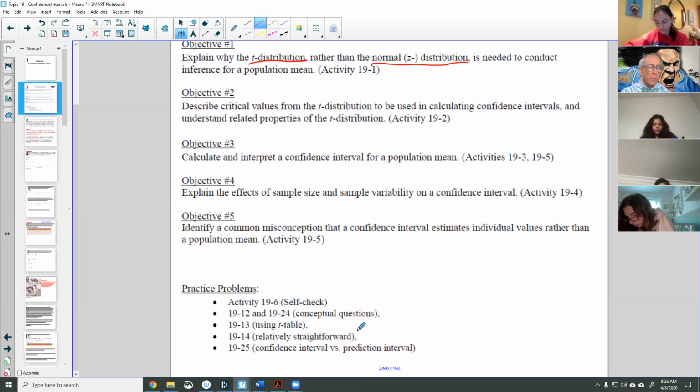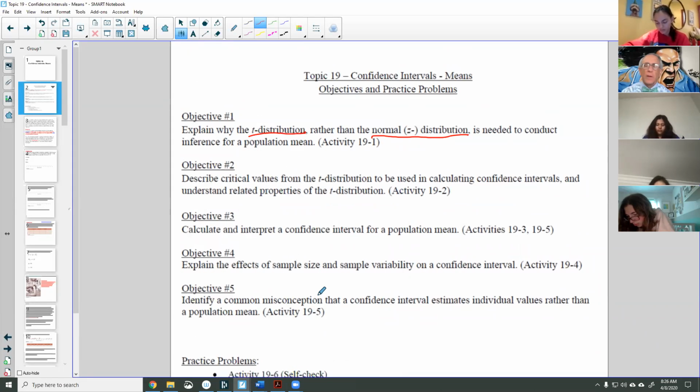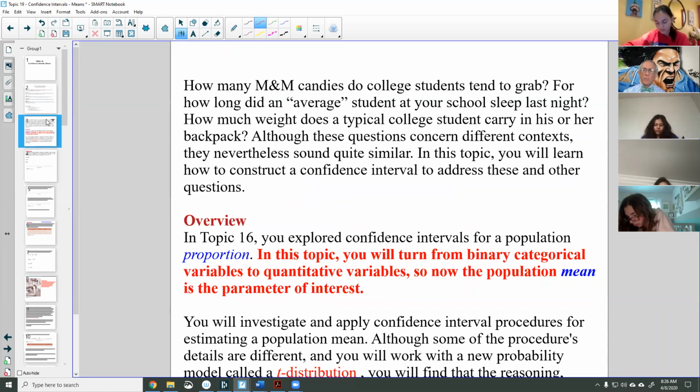Here are practice problems that you'll have to do as we continue on with this. But a lot of this stuff here should sound really familiar. Some of the questions we can answer. Oh, this is a good one. If there's a big stack of M&Ms put in front of you, how many are you likely to grab?